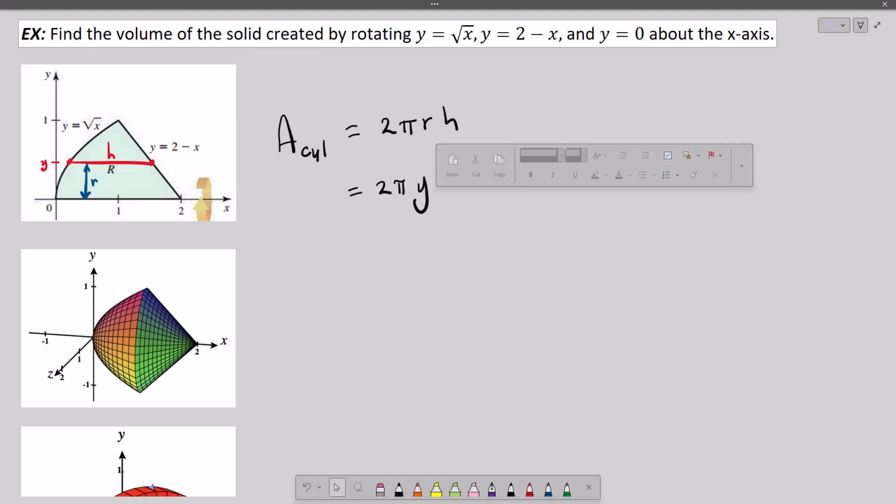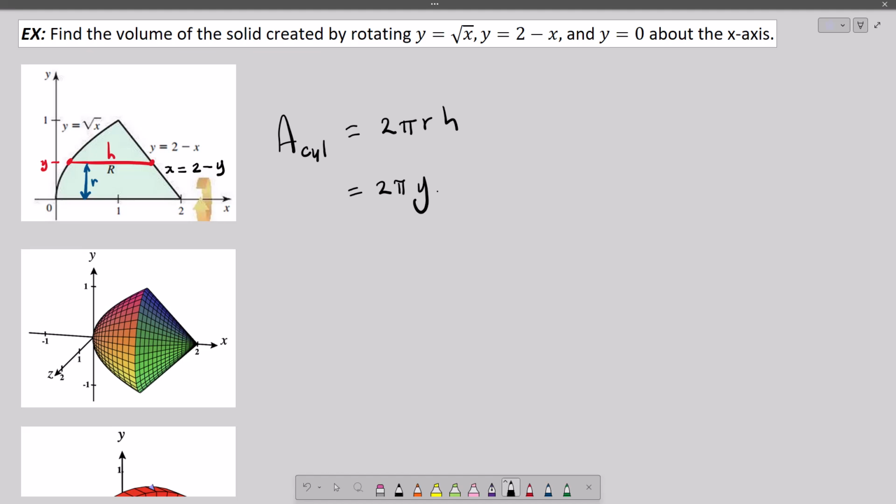And then our height is going to be this horizontal red segment's length. Now we're horizontal. Horizontal is always the right x minus the left x. So we look at this. Oh, these functions aren't presented as x values, so we need to flip them. We're going to add x to the left. We're going to subtract off the y. We'll end up with that as the right function.